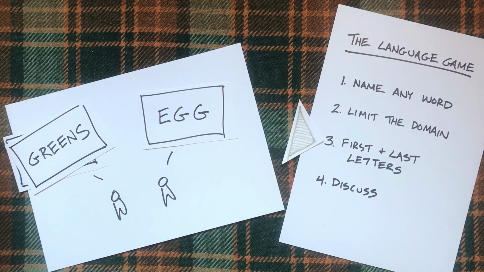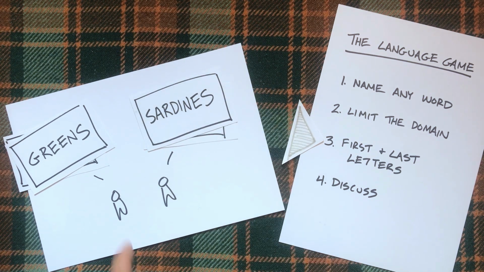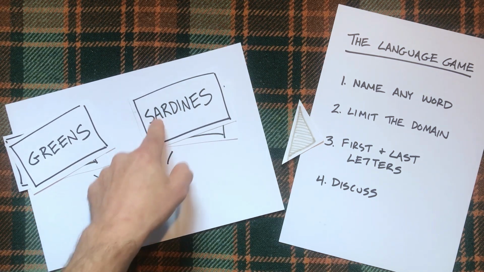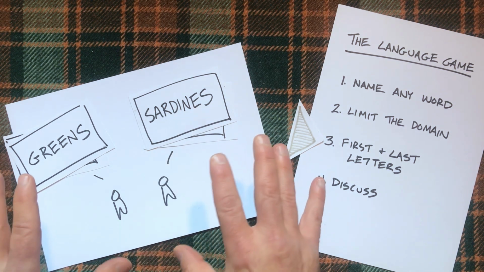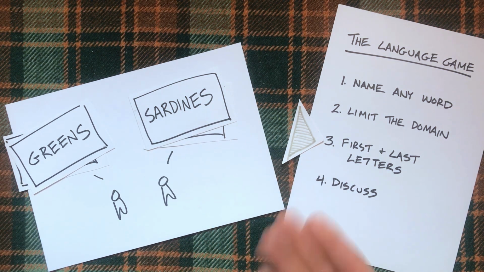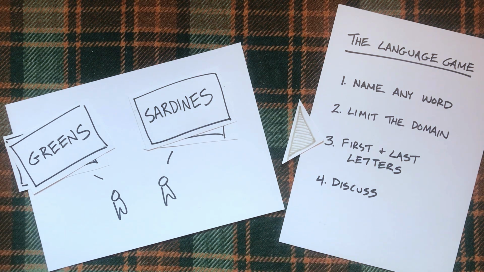But that's okay. We'll go back to sardines. We have an S, and now we have another S. So we're sort of multiplying the challenge here. You may even get them asking for help, people shouting suggestions. It's definitely going to be different this time around.